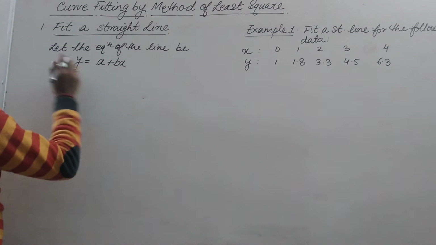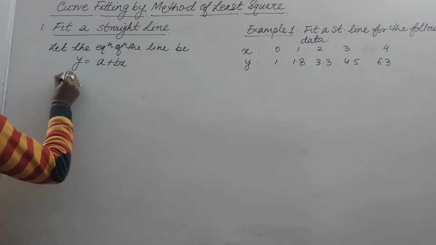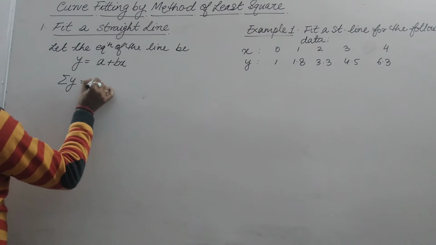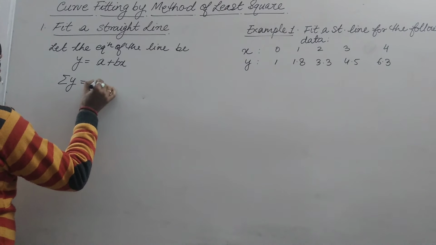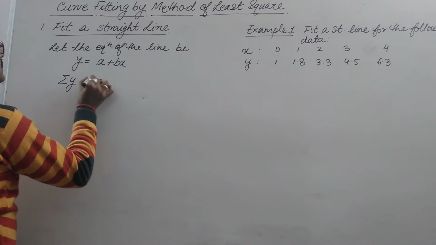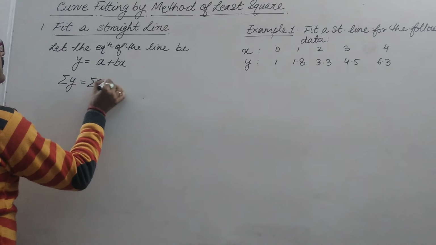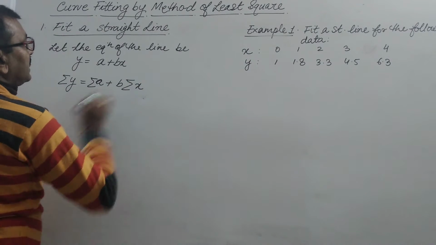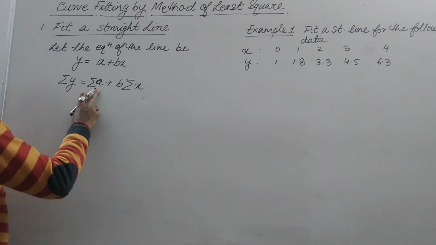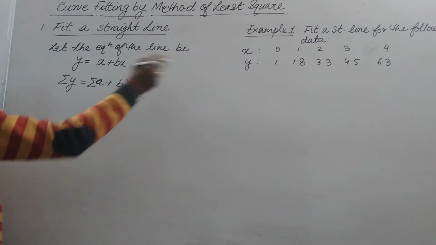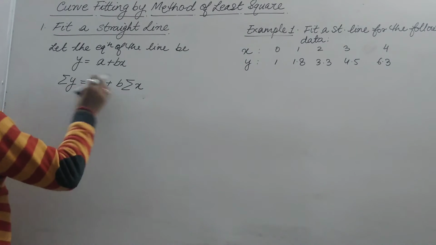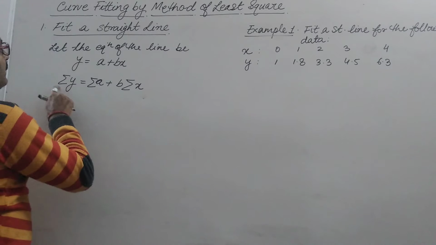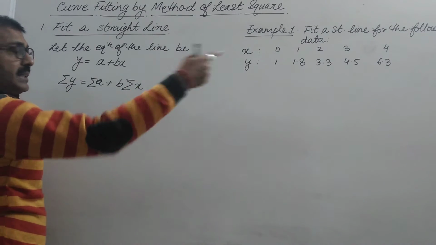For this, by the least squares method, you will take the sum. Sigma y is equal to sigma a plus b, where b is a constant, take it outside. Sigma a means if you have n number of data, you have to take the summation up to n terms.